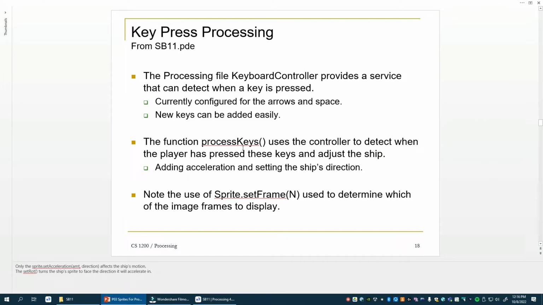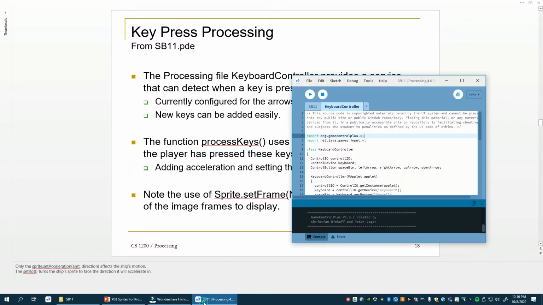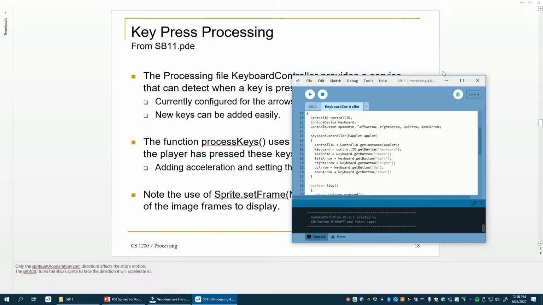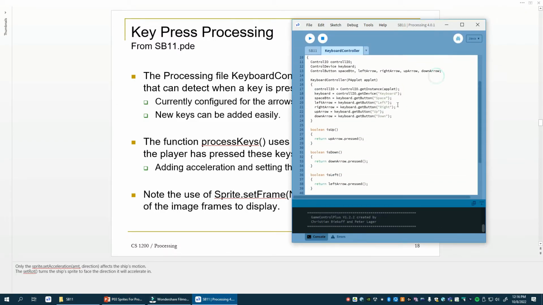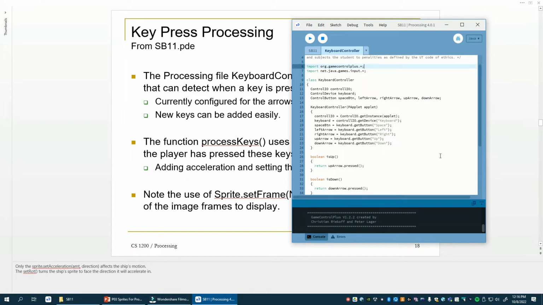All right, so process keys. Let's look at that again. Here in process keys, this is pretty much identical. We have this mechanism for getting the keyboard as a device, and this is the change that we made to make the Processing Asteroids game work on an Apple.